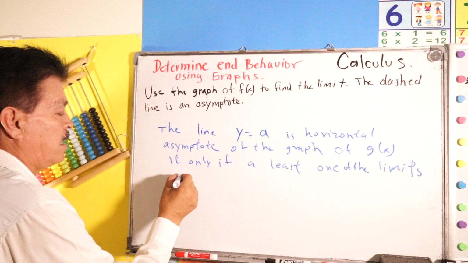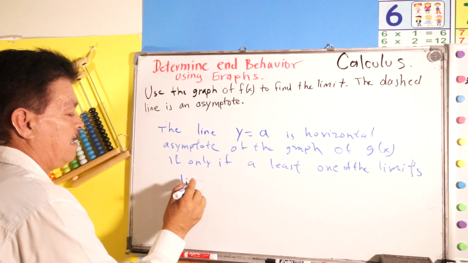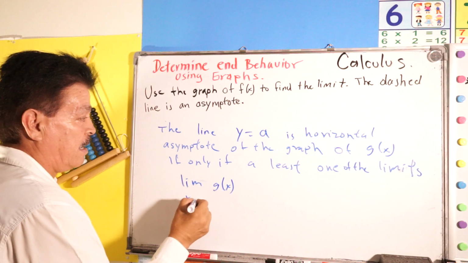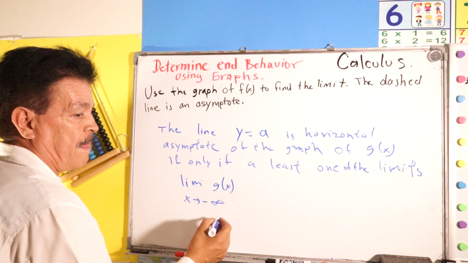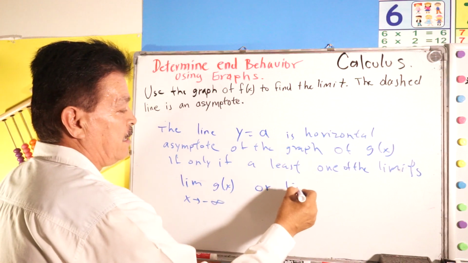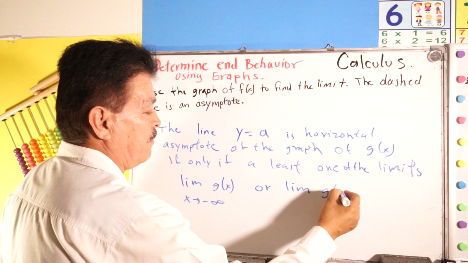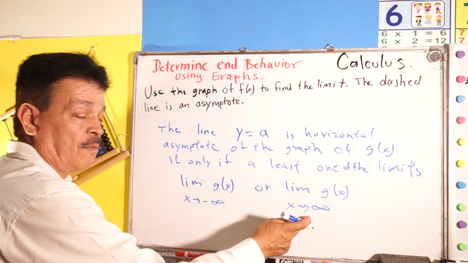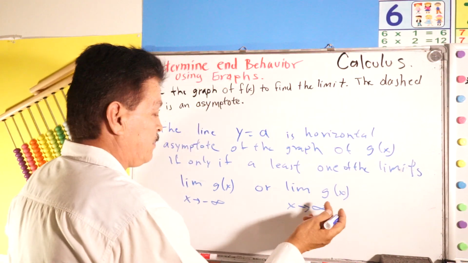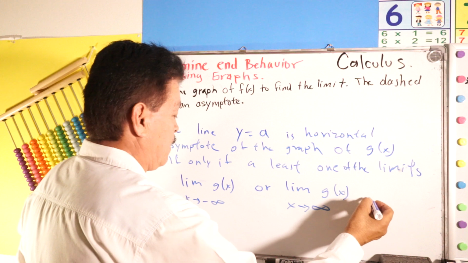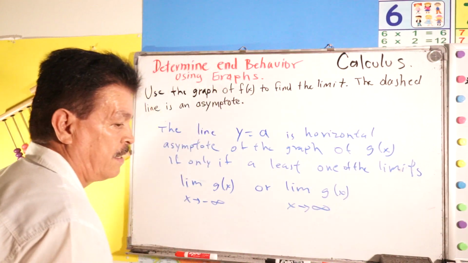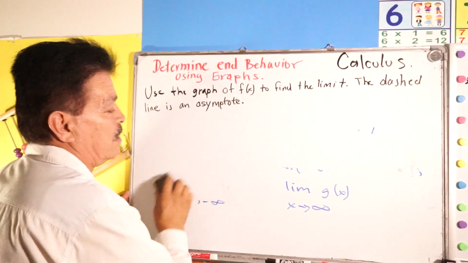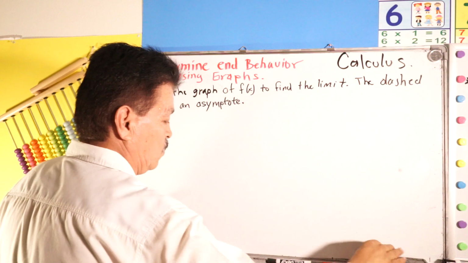So in this case, the limit of g(x) as x approaches negative infinity, or the limit of g(x) as x approaches positive infinity. Yeah, that's it. So these main ideas are great to remember before solving our problem.